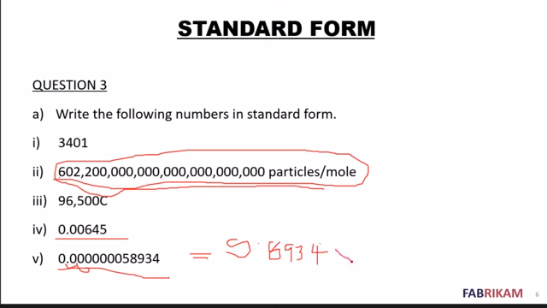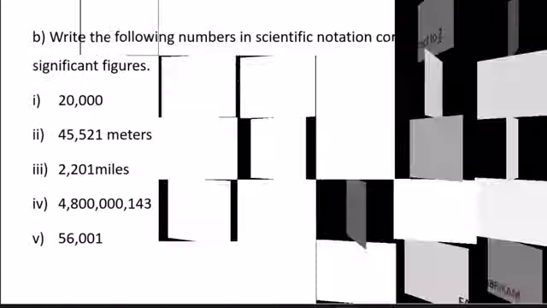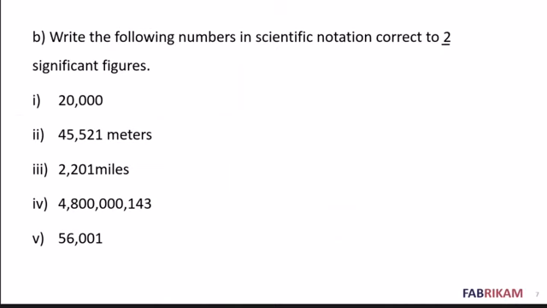Write the following numbers in scientific notation correct to two significant figures. Okay, 20,000. Welcome back.